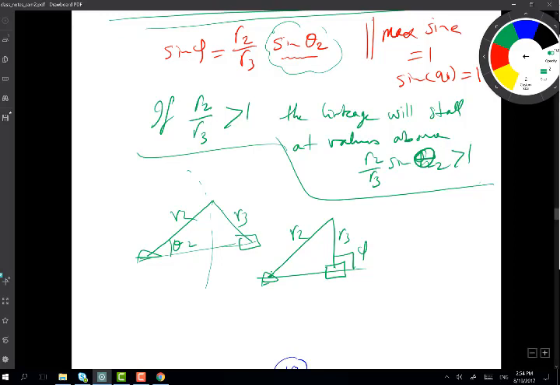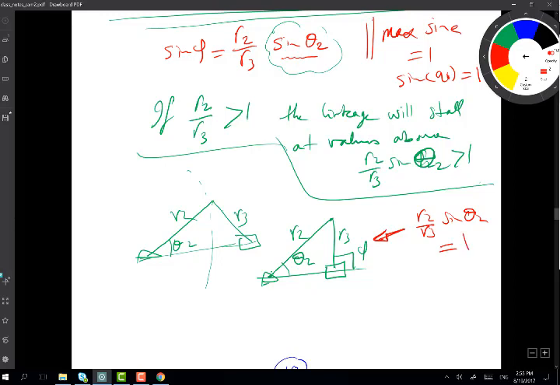In this case this will be theta 2, and if the linkage allows this to happen, the value here, R2 over R3 sine theta 2, all this product is equal to 1.